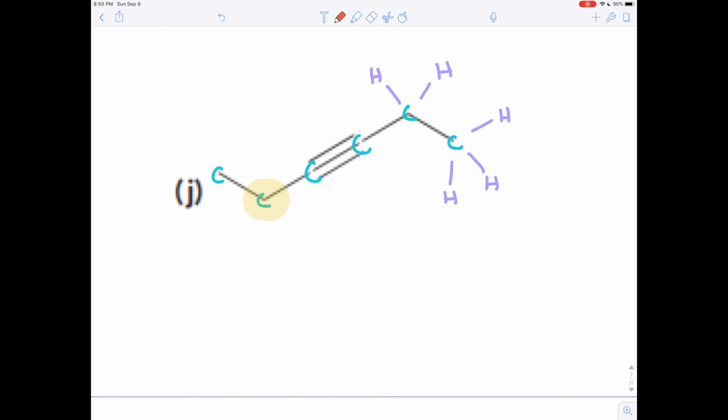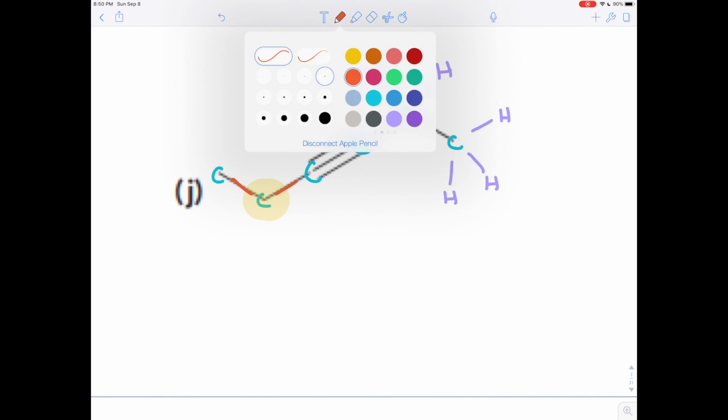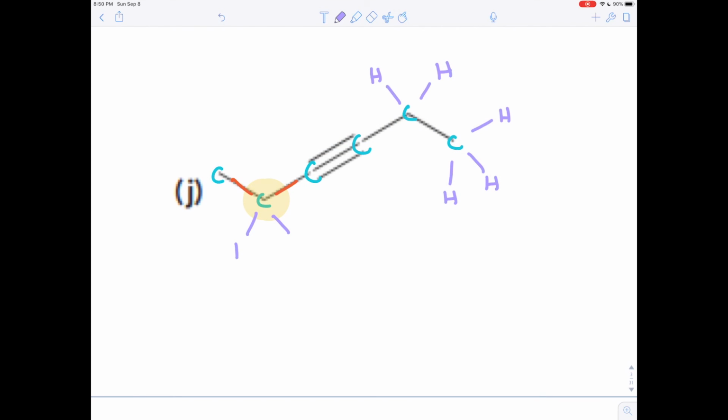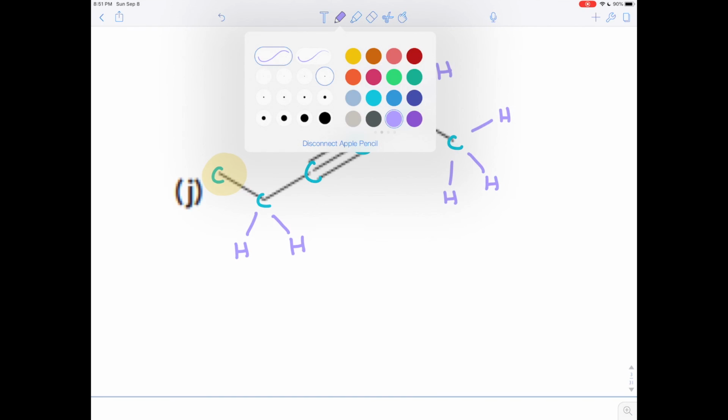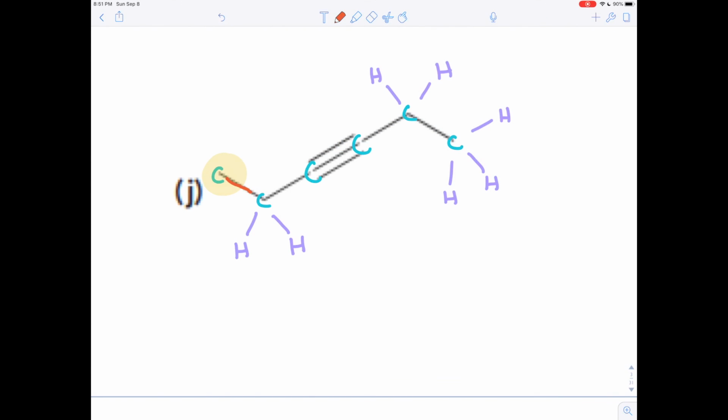Carbon right there has 2 bonds drawn explicitly. To get a total of 4, it would need 2 more. Those implied bonds are always to hydrogen. So that carbon is bonded to 2 hydrogens. And this carbon on the end only has 1 bond drawn explicitly. To get a total of 4, it would need 3 more bonds. Those implied bonds are always to hydrogen.